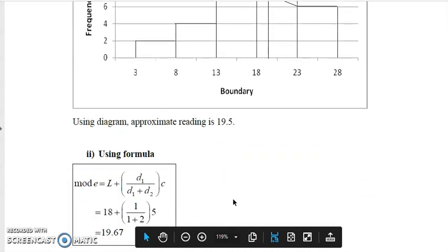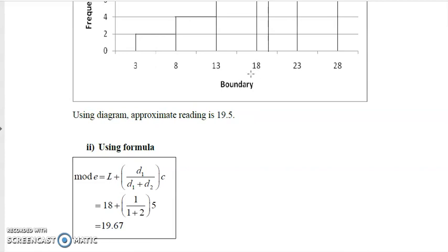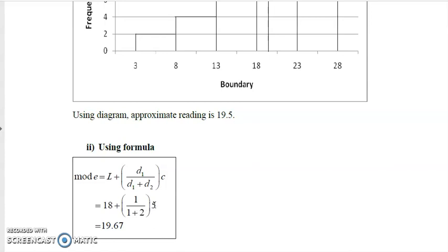And if you want the exact value, you can use your formula. Define what your lower boundary is, which is 18. In this case we follow what is given here, so the lower boundary given here is 18. Then define your D1 and D2, and the class size is 5 here, right?